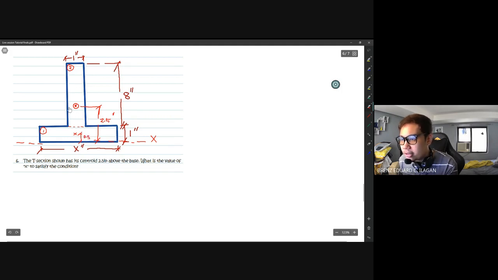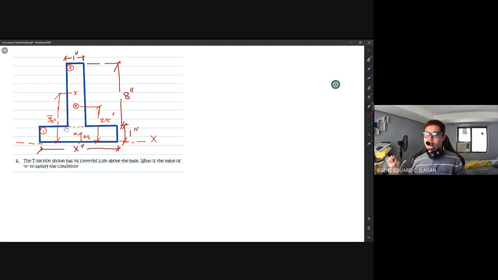And then for this rectangle, let's shade it. Its centroid, let's just say it's here. So, what is its measurement coming from our reference x-axis? This is what we need to know. So, guys, how do we get that distance? Let's call this y bar for 2. How do we get the y bar of section 2?